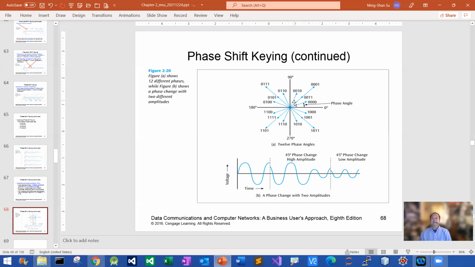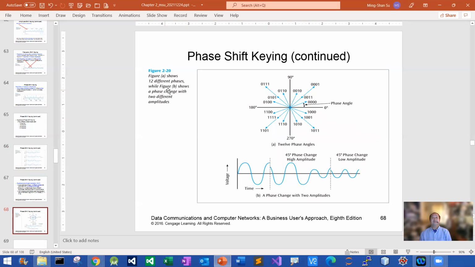And then we can see that we have 12 different phase changes.